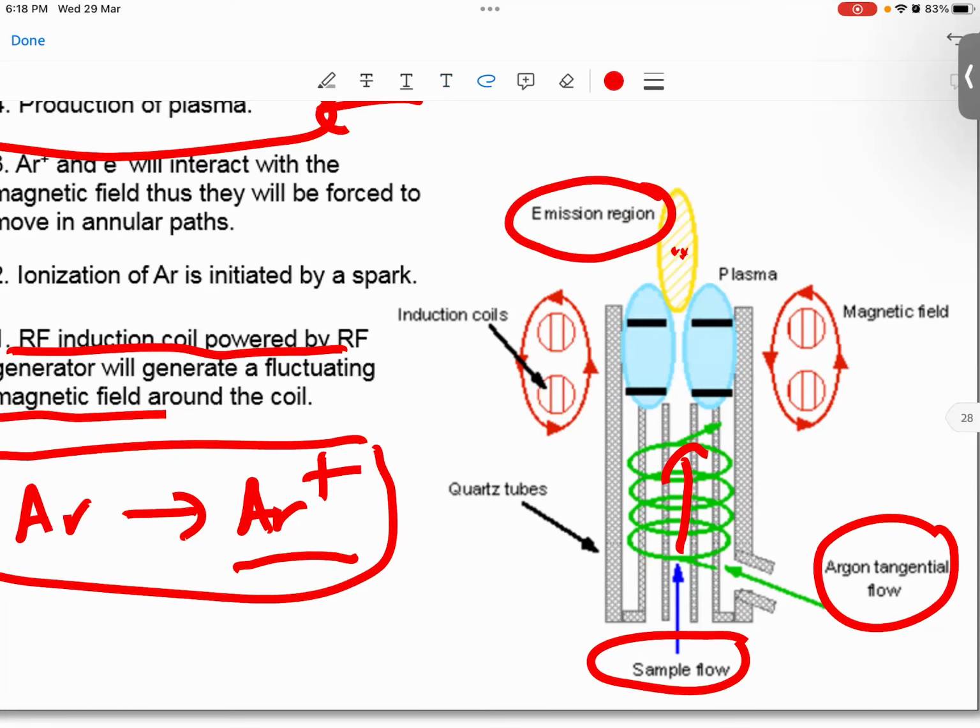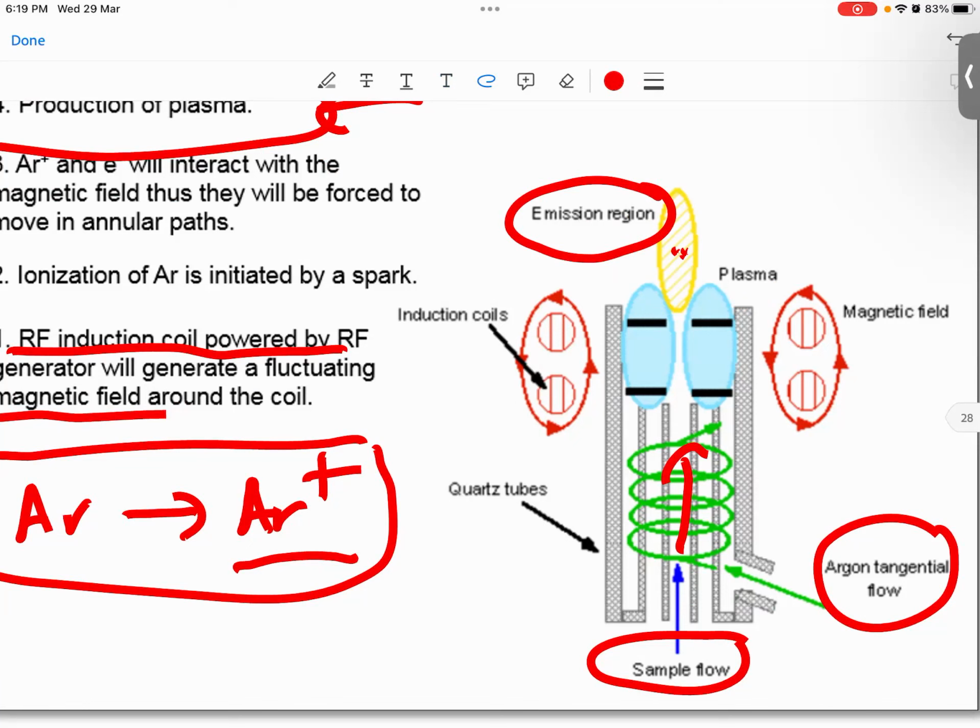Okay, so this is how inductively coupled plasma ICP-AES is different from flame AES. Sometimes atomic emission spectrometers still use a flame, just like AES, but it's not that good.